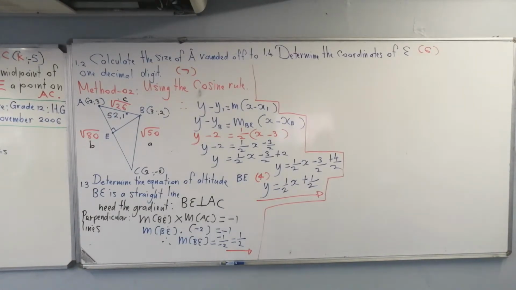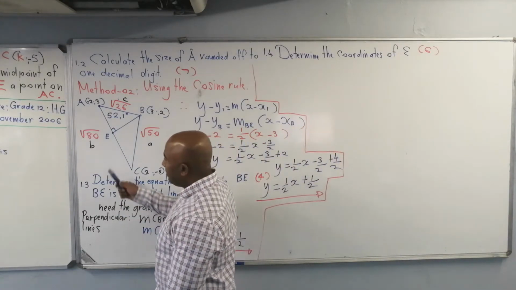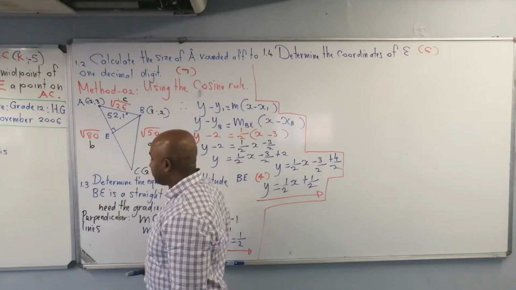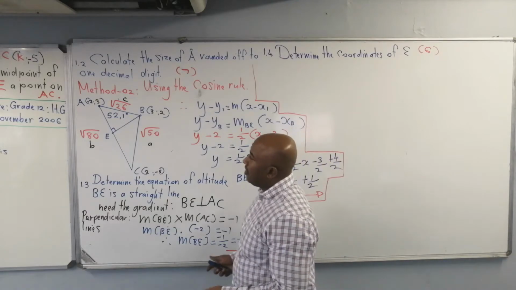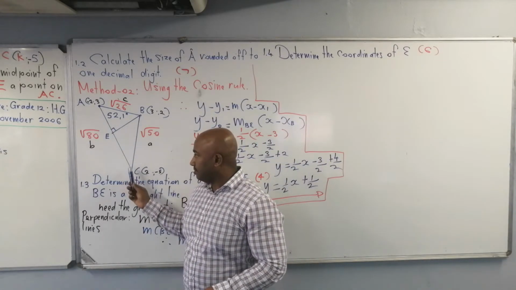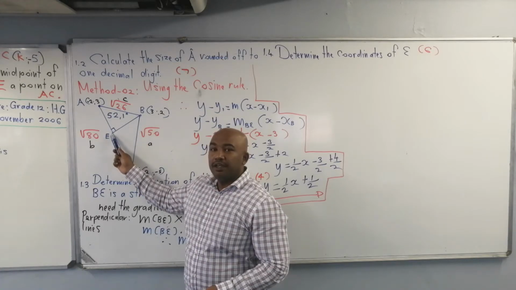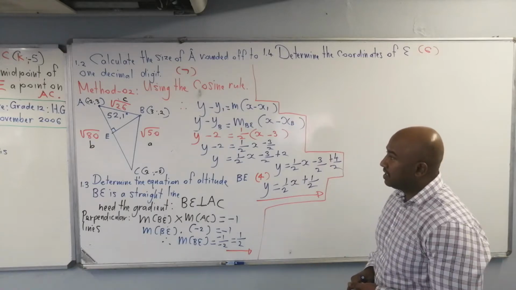The next question, determine the coordinates of E. Okay, now we need to work out the coordinates of E. So E lies on line AC. It also lies on line BE. So E is an actual point of intersection.